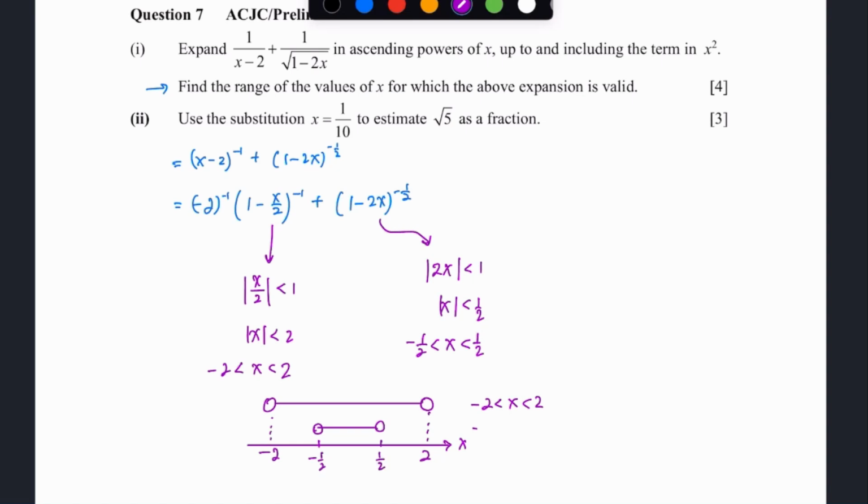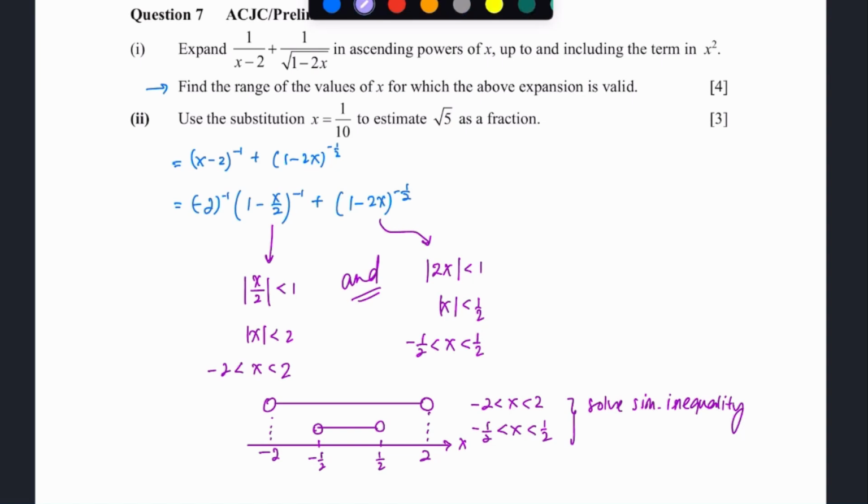Now, because we are solving a simultaneous inequality, we must fulfill both conditions.